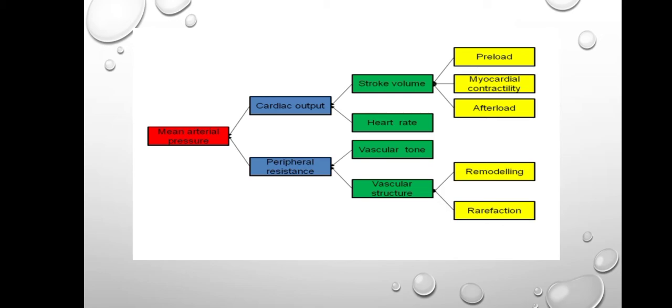So BP is determined by cardiac output, and cardiac output is determined by two main factors, stroke volume and heart rate. Heart rate is just the number of beats per minute, and the more rapid it is, the more frequently the stroke volume is ejected, increasing the volume within the vasculature and boosting cardiac output at the end of the day.